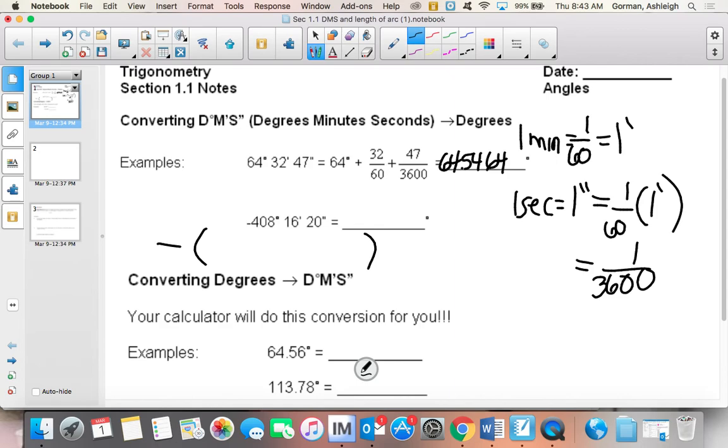So 408 degrees, we can leave that as 408. The next value, the 16 with the 1 prime, that represents the minutes. So I can write that as 16 over 60. And then the 20 seconds, that's the same thing as 20 over 3,600.